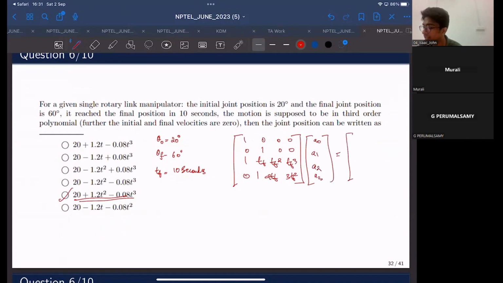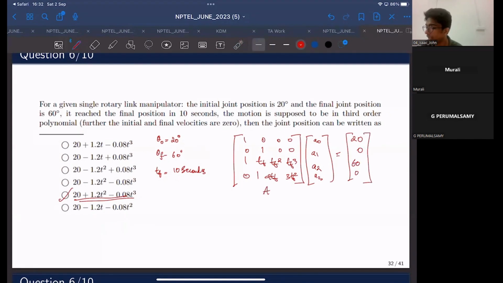You have the boundary conditions as initial position 20, initial velocity 0, because it's given in the question that the initial and final velocities are 0, and the final position is 60 degrees, and the final velocity is also 0.